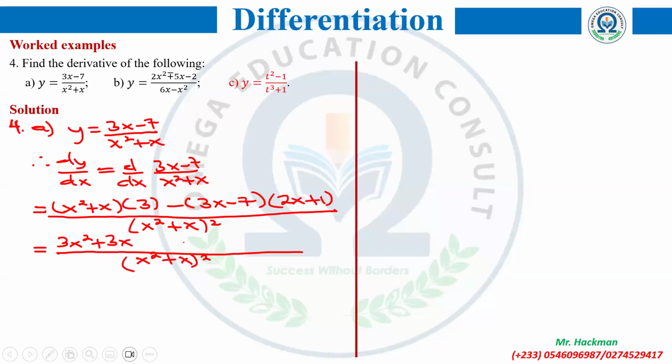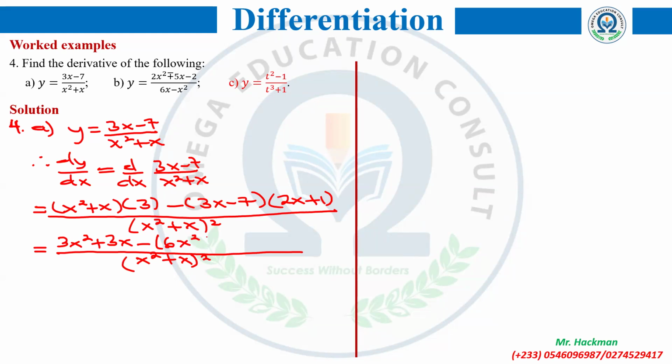Unlike the other one where we ended up getting a monomial times a binomial, so the expansion was easy, here we have two binomials, but they are not special binomials. So I am compelled to distribute. I will keep my negative out, then multiply. 3x times 2x will give me 6x squared.